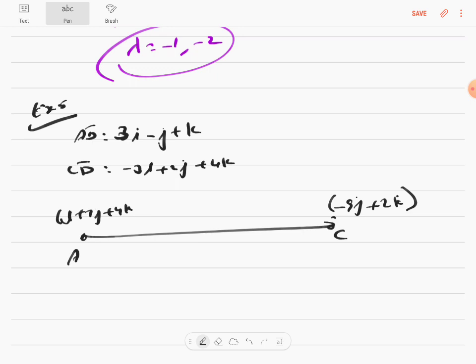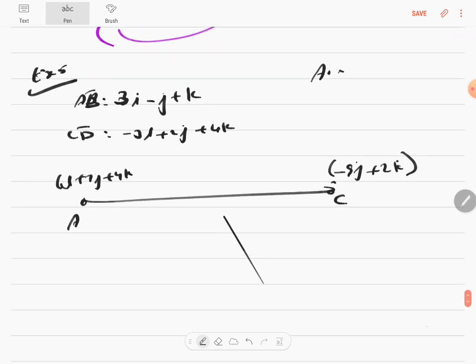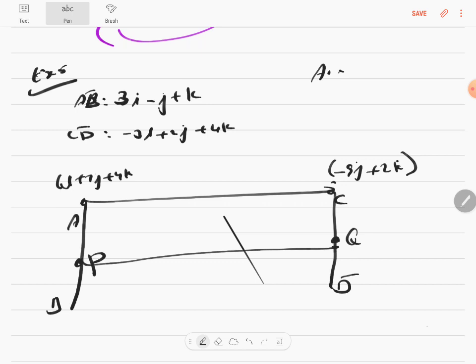Okay, there is an AB vector and there is a CD vector. The position vectors of the points A and C are given. P is the point on the line AB, Q is the point on the line CD, such that PQ is perpendicular to both AB and CD.